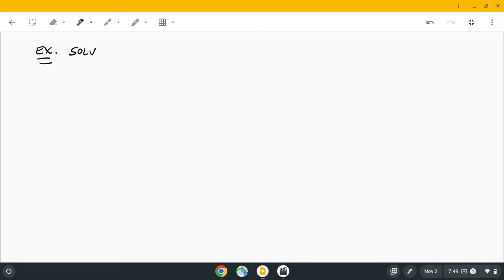Let's solve cosine 2x cosine x minus sine 2x sine x equals 1/2, and x is between 0 and 2 pi, so radians.